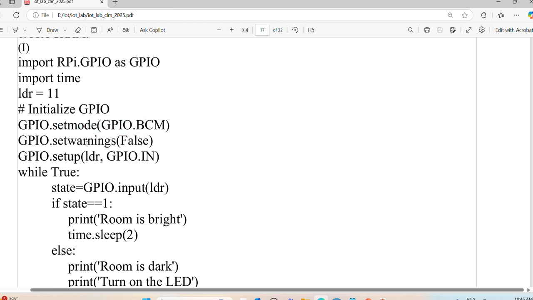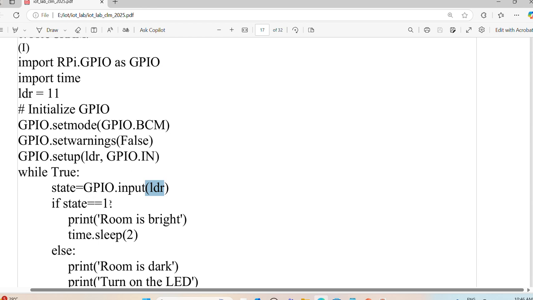Here we use GPIO mode. This is for ignoring the warnings. This line is for defining the direction of the pin. We are using a sensor, so it will act as an input port, and here we do this always. Then check the state of the pin which is connected to, let's say, physical pin number 12.